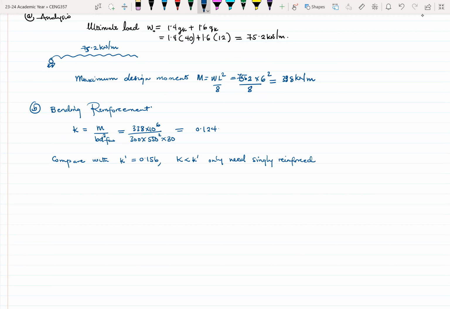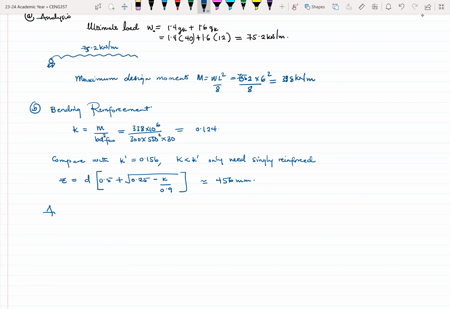Now we find Z, the lever arm, and we know that Z is equal to D bracket open 0.5 plus square root of 0.25 minus K over 0.9. All right. So once we know the value of K, we'll end up with our Z value being approximately 456 millimeters. Okay.